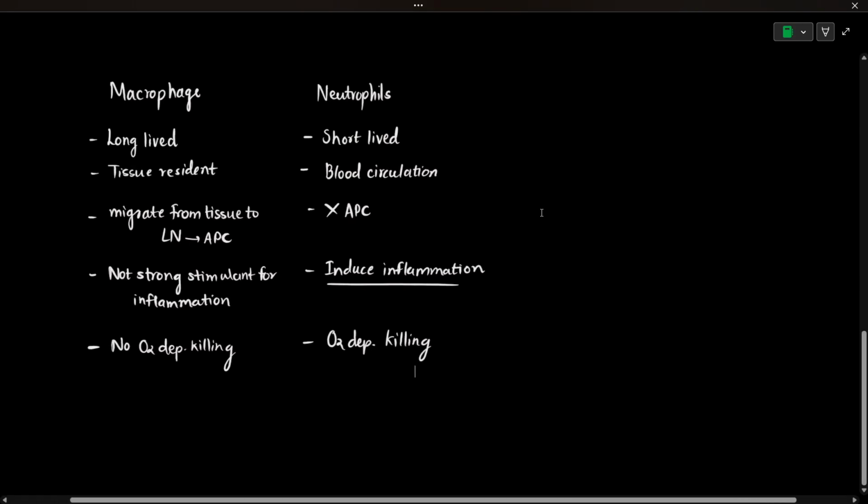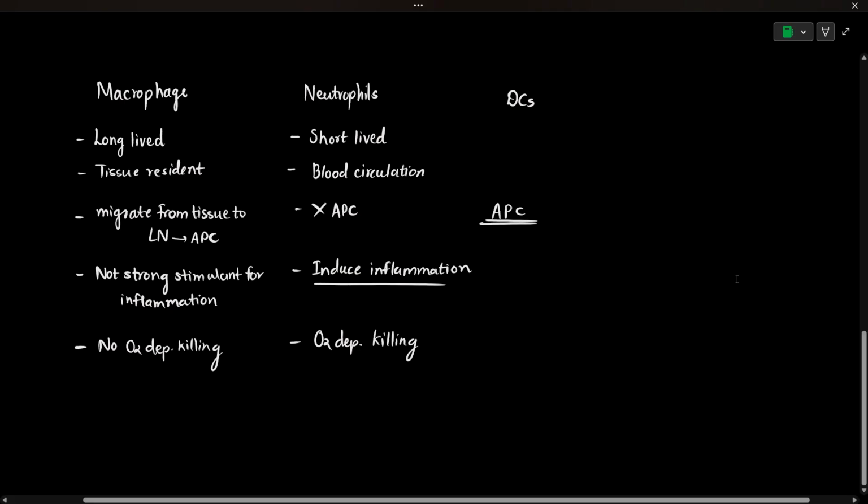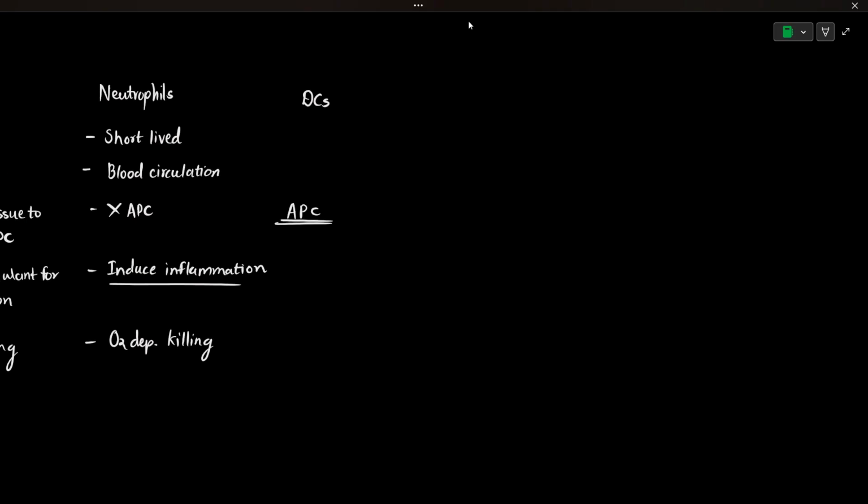Okay, so macrophages also resemble the dendritic cells in the aspect of antigen presentation, right? When we discussed dendritic cells, I told you that there's a factor known as GM-CSF, a colony stimulating factor, which is helpful for in vitro generation of the dendritic cells.